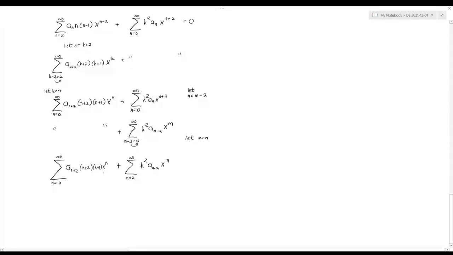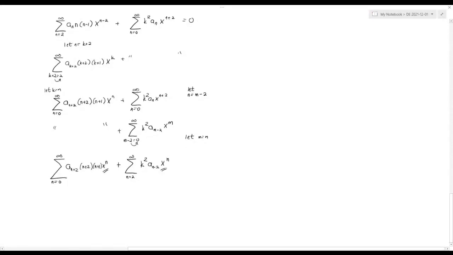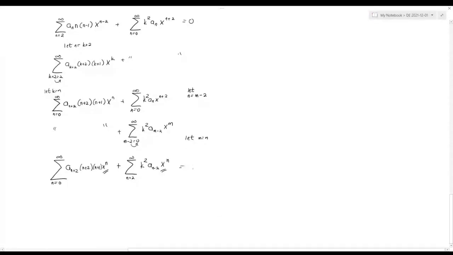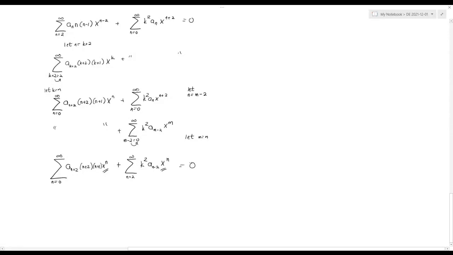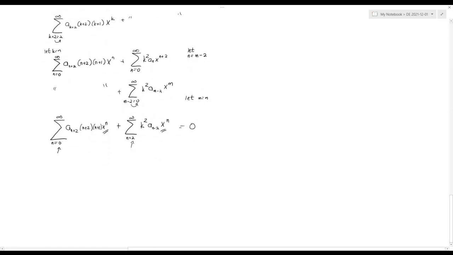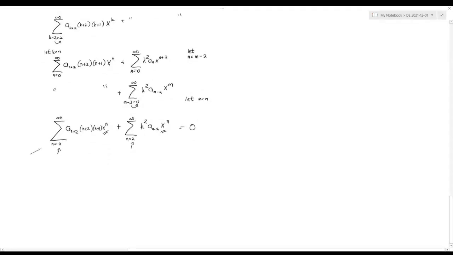So now we have like powers of x, so we're closer to being able to combine these series into a single one. But the index of summation does not start at the same place, right? n starts at 0 for the first series, and n starts at 2 for the second one. So how can we get these to agree? Well, we're just going to have to pull out the first two terms of this series.